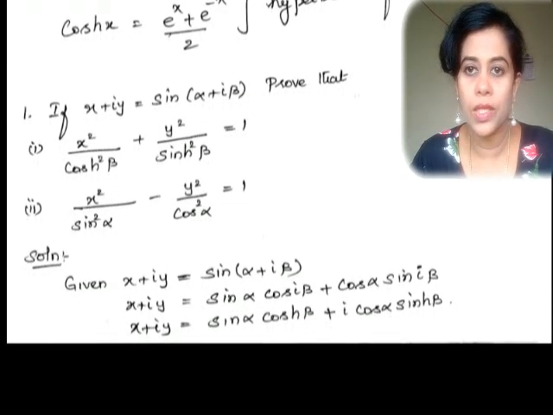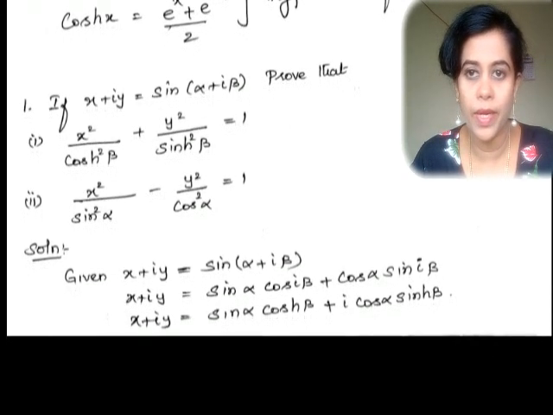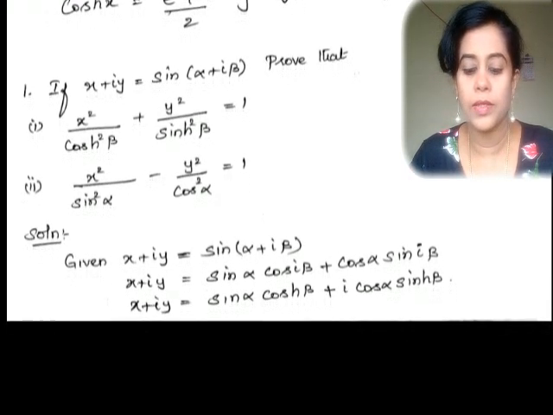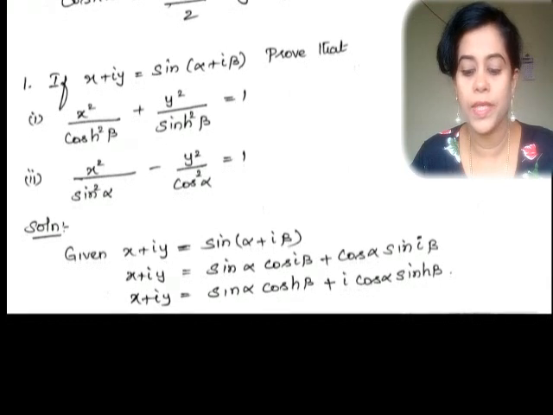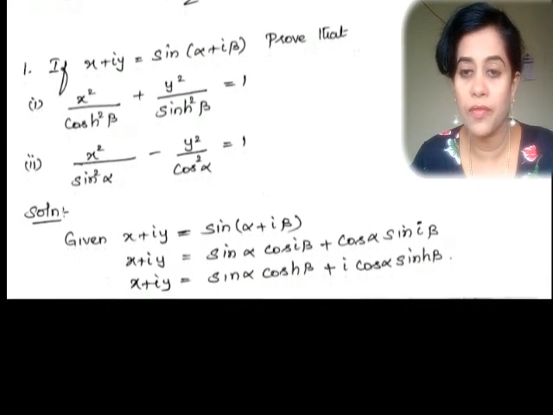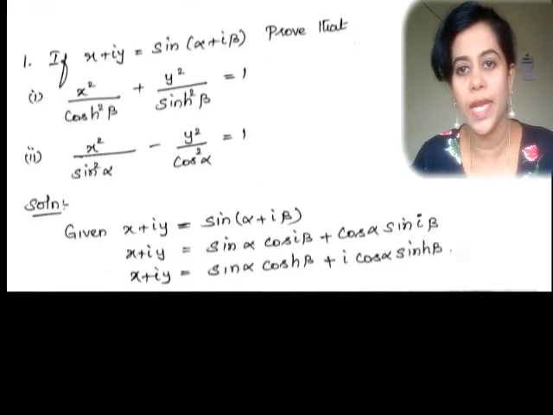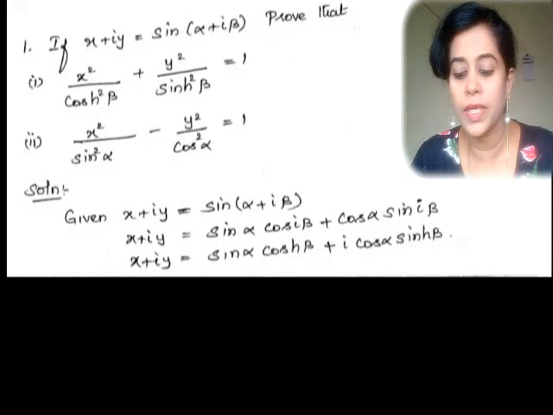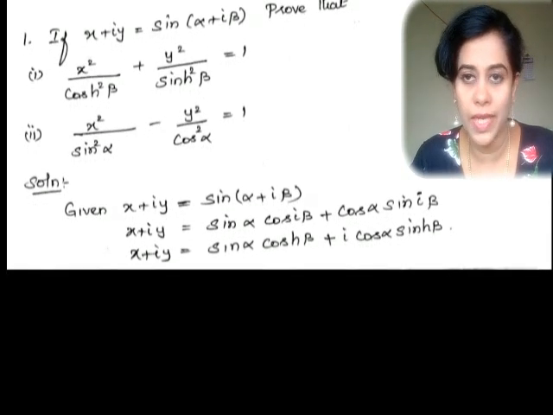What is cos of i beta? Cos of i beta can be written as cos h beta. Therefore it is sine alpha cos h beta plus, for the second term, cos alpha sin i beta. What is sin i beta? We know that it is i sin h beta. Therefore it is i cos alpha sin h beta.